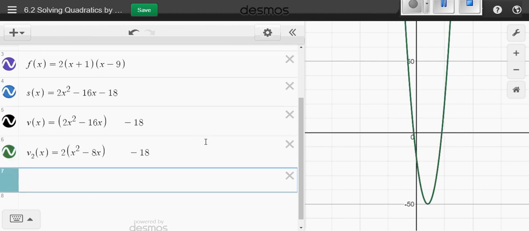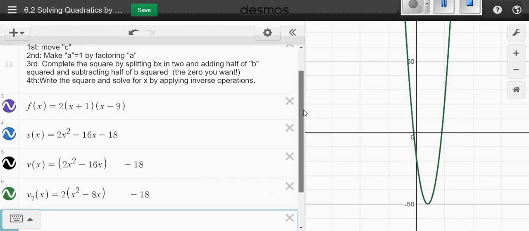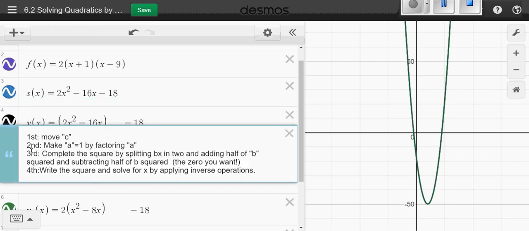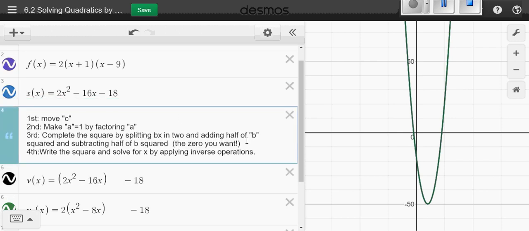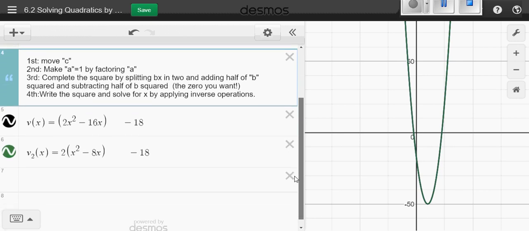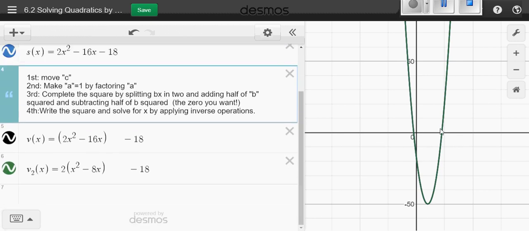My third step. Let me move my steps so I can see my steps, and I'll verify that my steps are correct by checking the graph.